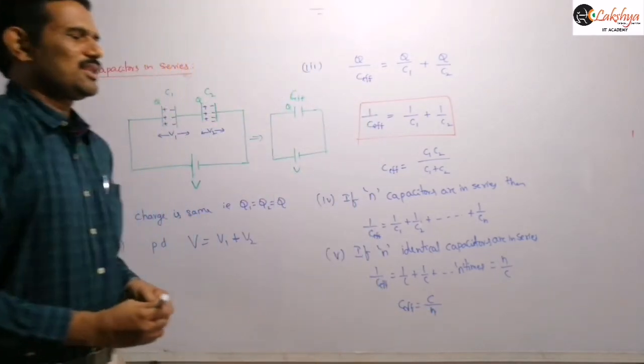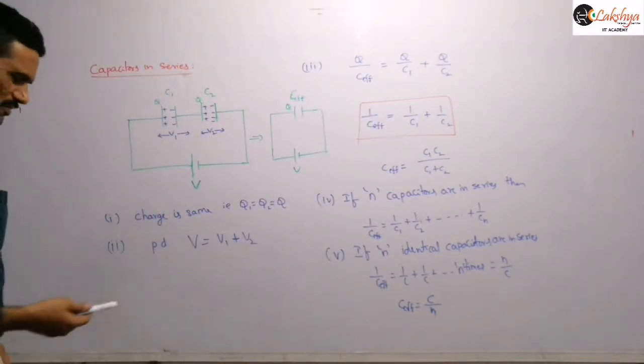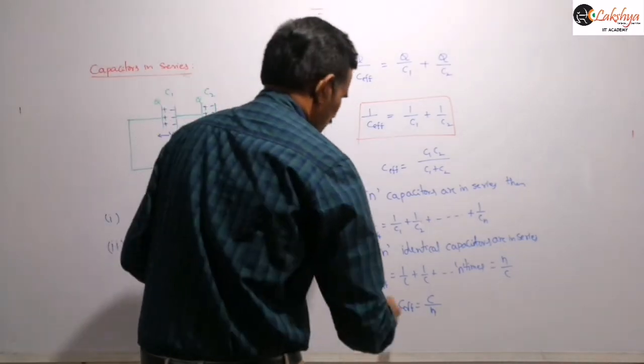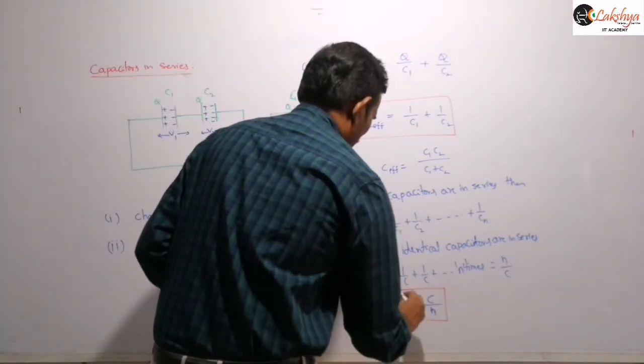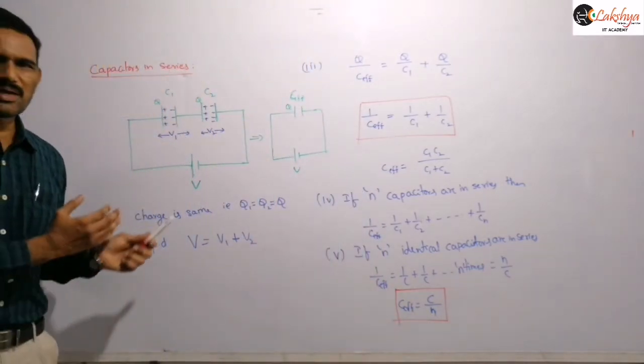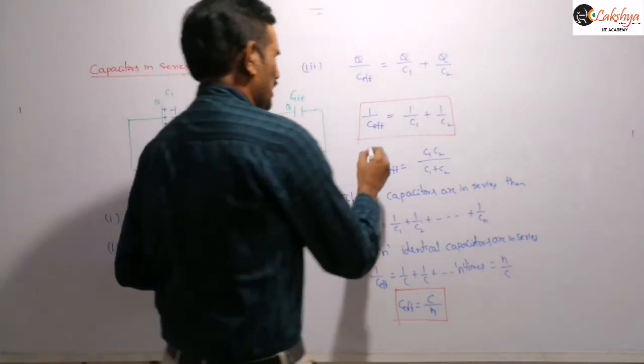That is another important formula you need to remember. These are similar to our resistor combinations, but you need to remember that the resistors' parallel combination and the capacitors' series combination are identical.